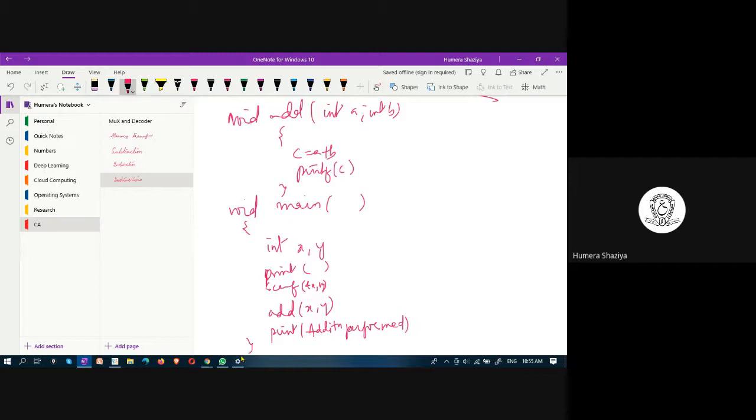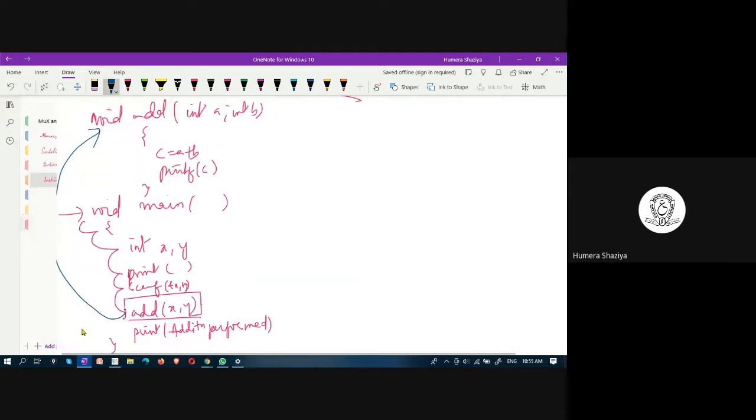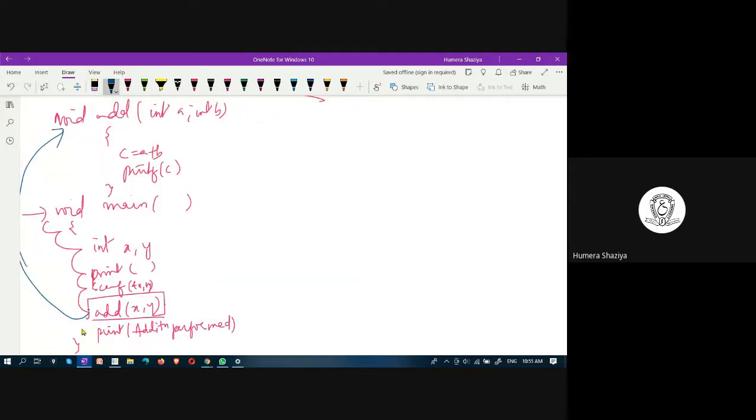So you start at the main function, you execute the statements in main, and then here there is a function call. Because it is a function call, you are branching from here to the function. And then you are executing this function.